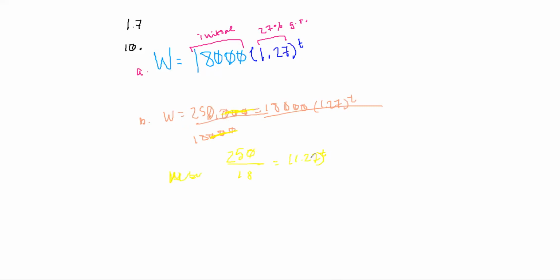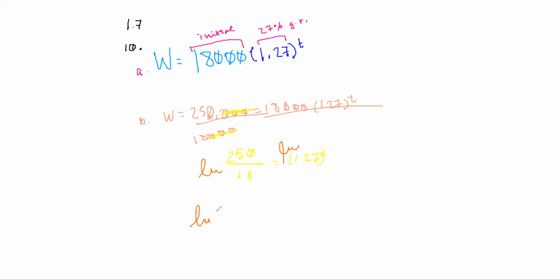So now what do we do? Unfortunately, if we are to get t isolated, we need to use, actually, I mean, we could just solve using the natural log. But then we're going to get a little bit messier numbers. But that's fine. We could go through and try to find what k is, or we could just solve, which is what I'm going to do. So take the natural log of both sides.